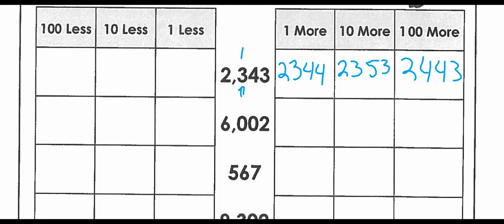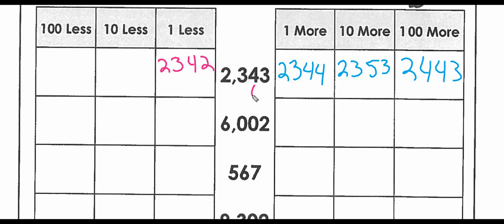Okay, what's 1 less? I'm changing the number in the ones place, just subtracting 1 from this 3 right here. Okay, so if I have 1 less than 2,343, it's going to be 2,342. Okay, so now it says what's 10 less? Okay, I'm subtracting 1 from the number in the tens place, which is 4.